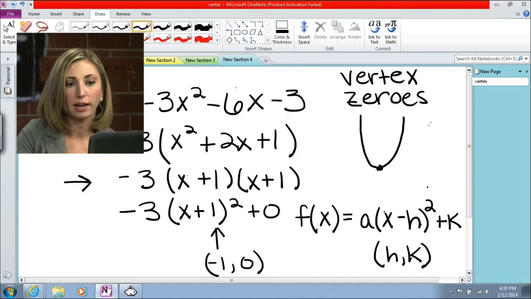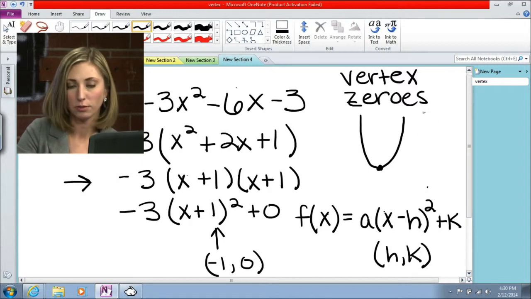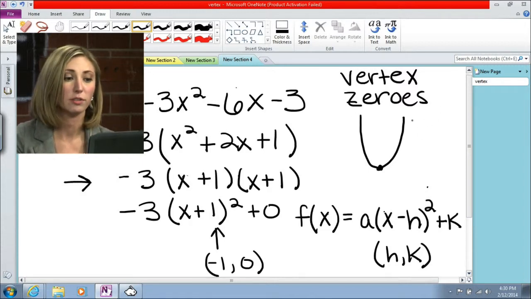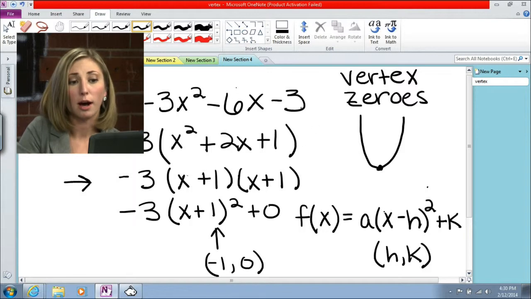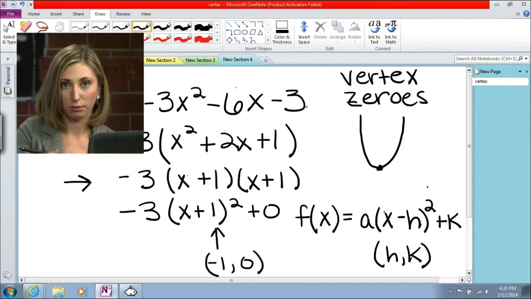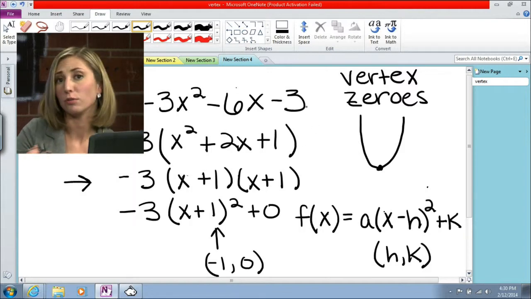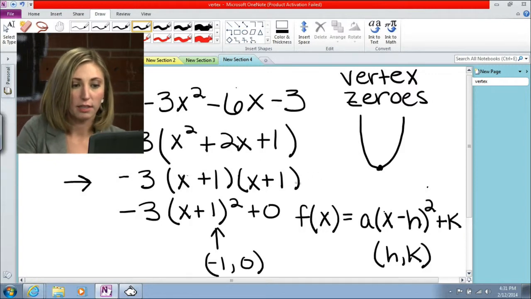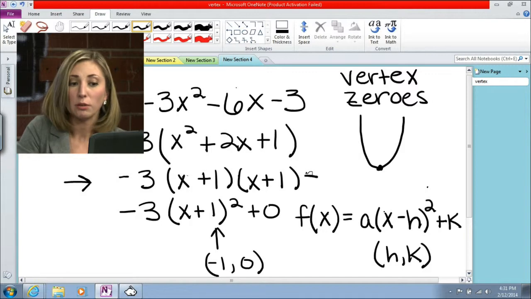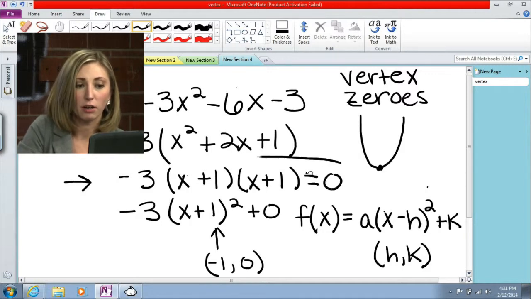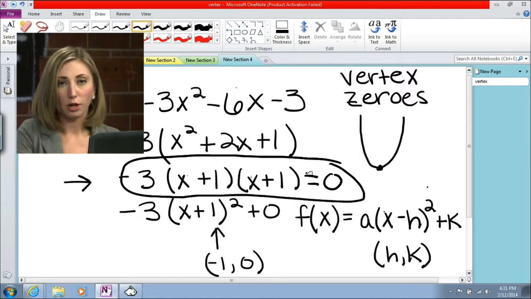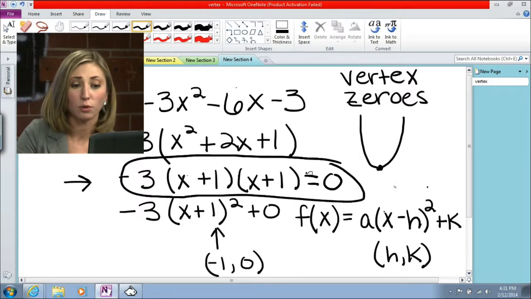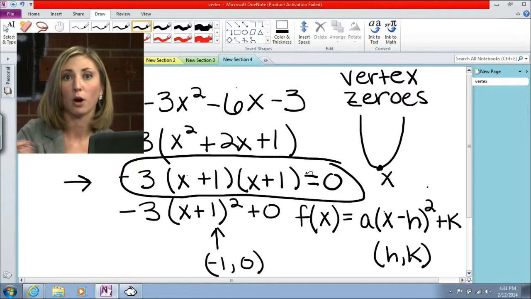Now the question also asked for us to find zeros. What zeros are, they're solutions to this equation. They're also where the graph of the equation runs into the x-axis, or x-intercepts. So it's where if we set our equation equal to 0, we want to know what x could be in order to make our y 0.